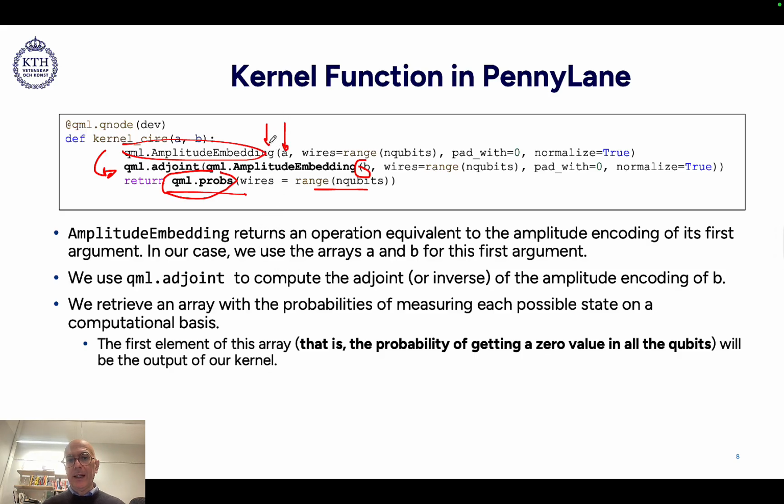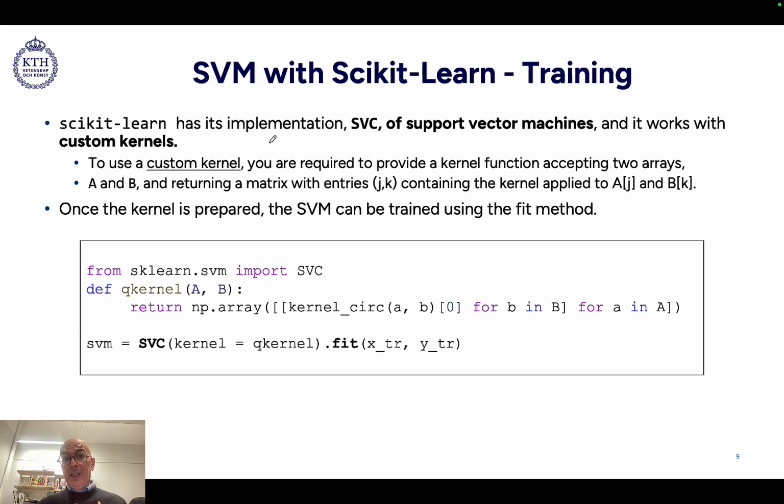Finally, we retrieve an array with the probabilities of measuring each possible state on a computational basis, and we are going to take the first element of this array, that is the probability of getting 0 value in all the qubits. This is a very nice, straightforward way to calculate the kernel product using this inverse technique that we saw in the previous lecture. So we did the circuit.